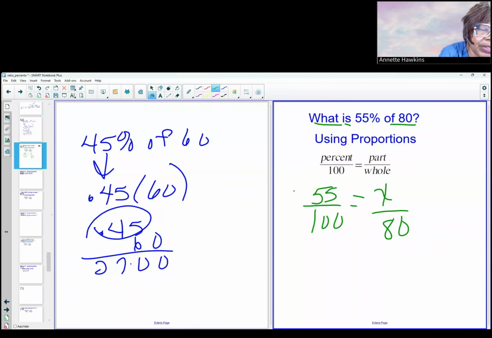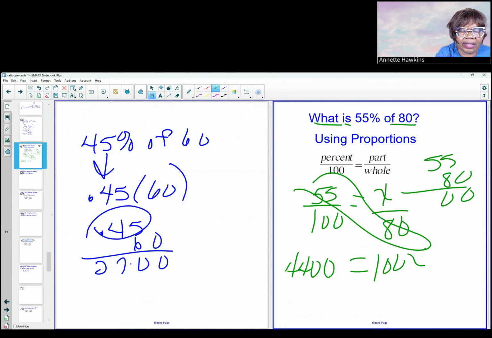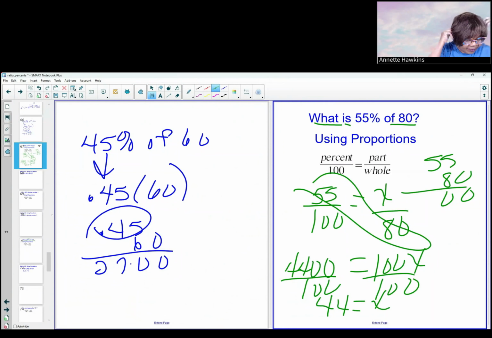So I do the extremes. 55 times 80 is 4,400. Let me double check. All right, equals 100x divided by 100. 44 equals x.